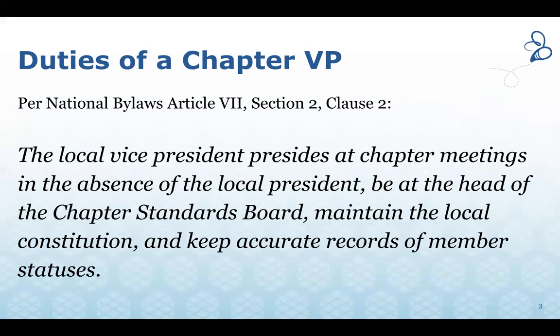We just made a bunch of changes to the national constitution and bylaws, so I can't remember if this is still the same or not. But we do have an article in the national bylaws that doesn't go super into depth because it's not supposed to, but at least overviews what the duties of a chapter VP should be at the national level.